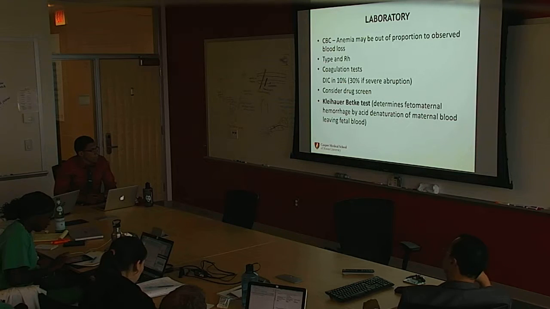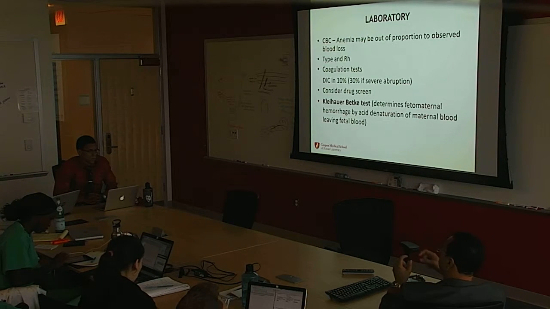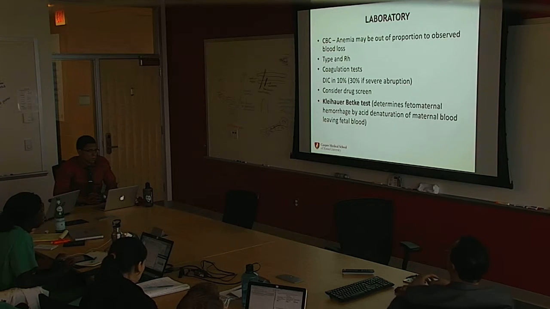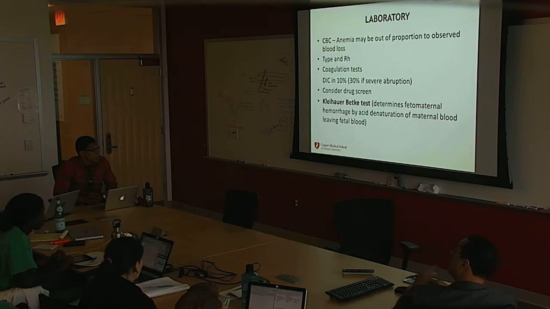You will get the blood on a test and you put acid on it, and the maternal blood will denature by the acid. Hemoglobin F is not affected by acid or alcohol, but the normal hemoglobin is affected, it will denature.